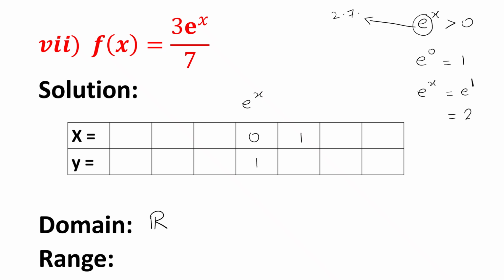The value for e is 2.7, so 2.7 power 1 is 2.7. For x equals negative 1, to make this power positive, take it in the denominator. Now it becomes 1 over 2.7. 1 divided by 2.7 is 0.4.